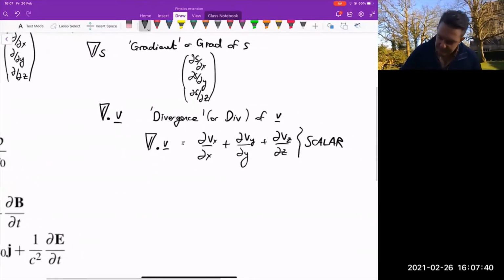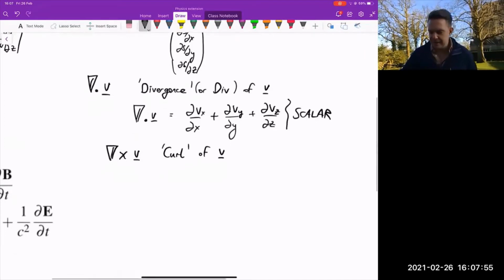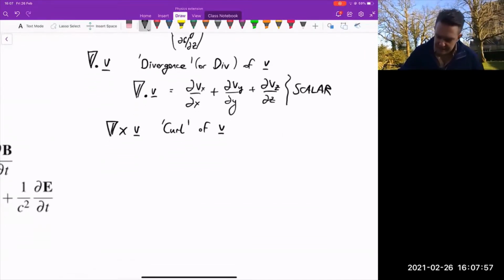The final variation is called the curl, and that is something called a vector product. This is the curl of V. To find the curl, you take the cross product, or vector product. You can go and look this up.